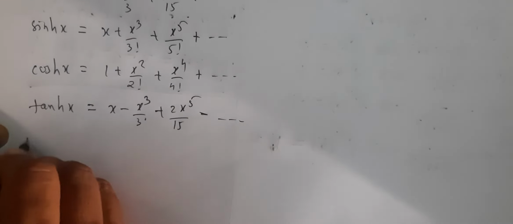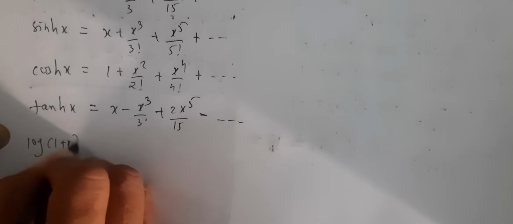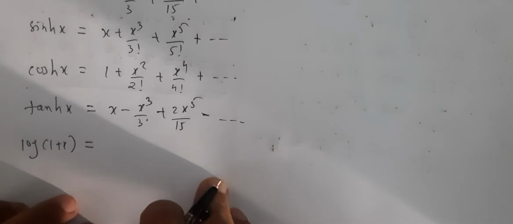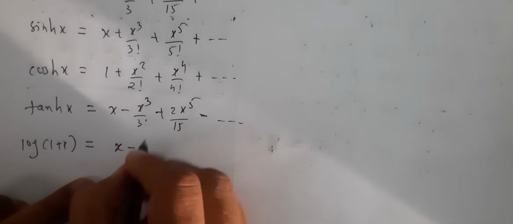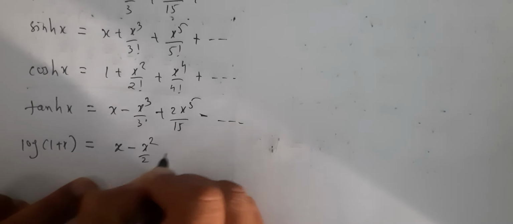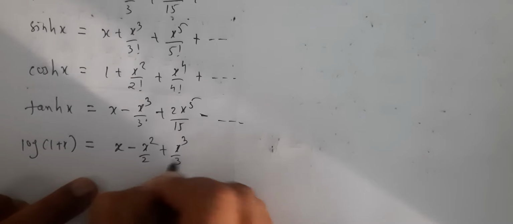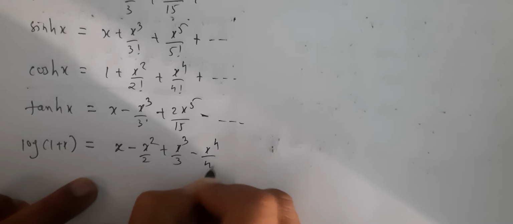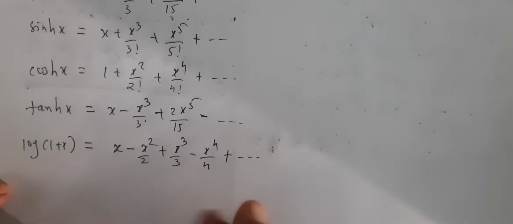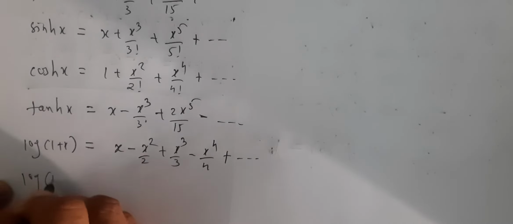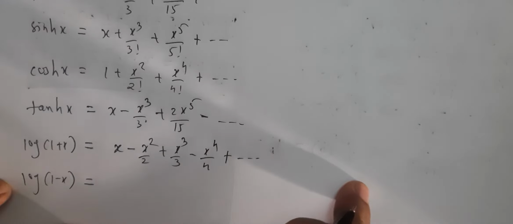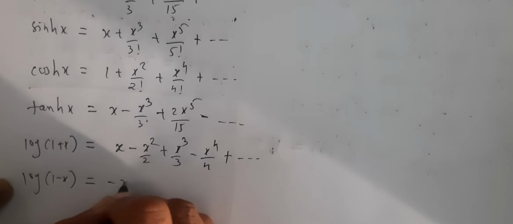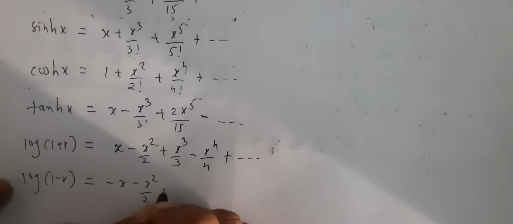Then after this, just now we have proved log of 1 plus x. What we proved just now is x minus x square by 2 plus x cube by 3 minus x raised to 4 by 4 etc. Now exactly the same way, log of 1 minus x, again I will say the same terms, only difference is here all are minus.